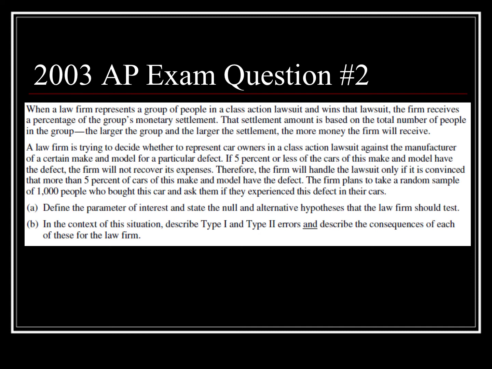the parameter of interest is, what are we trying to figure out? We're trying to figure out the proportion of cars that have the defect. So the parameter is the proportion of cars that have the defect.